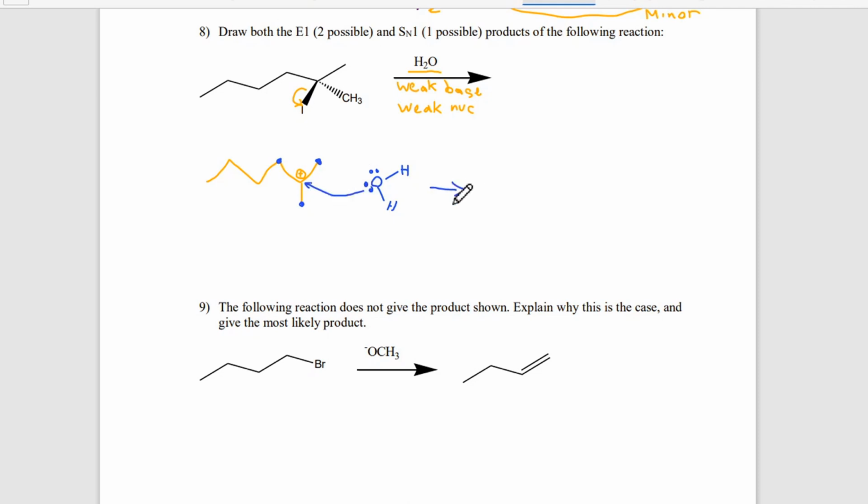And that would give you this. Well, strictly speaking, it would actually give you this, an OH2 plus, and then you'd have to have another water molecule come and take off that extra hydrogen and turn this into the alcohol, and that would give you OH.